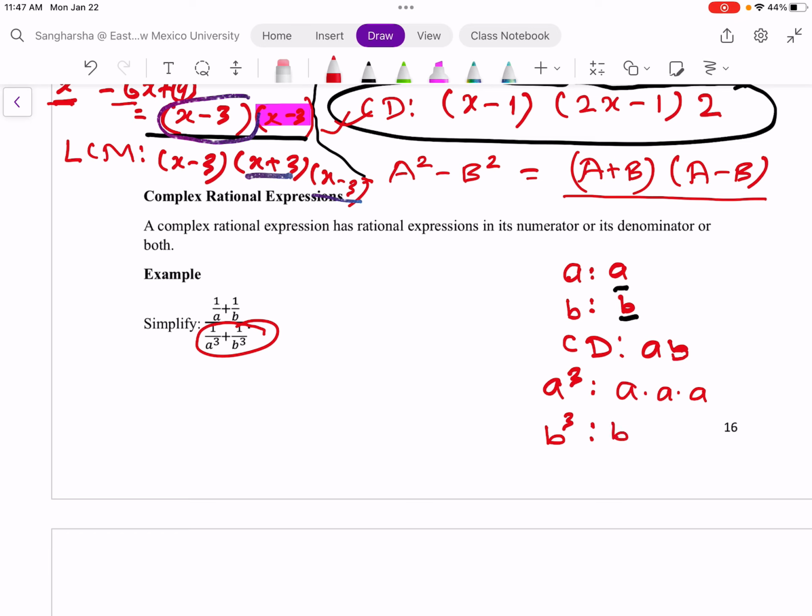B cube is the same as b times b times b. Now for the common denominator, do we have a common factor? No. So if we don't have any common, we just write down all the factors together. So you have a times a times a times b times b times b, and you end up getting a cube b cube. This is the common denominator. If you can do all this in your head, you don't need to do it on the side, okay?